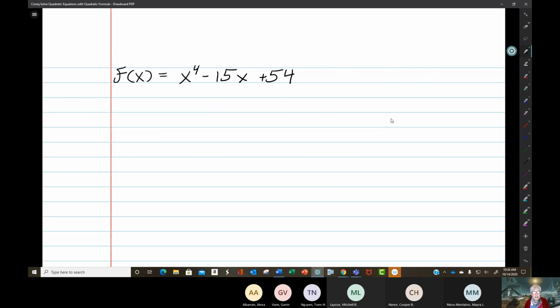First thing is I want to find the y-intercept. This is so easy. All you have to do is let all of the x's equal 0.